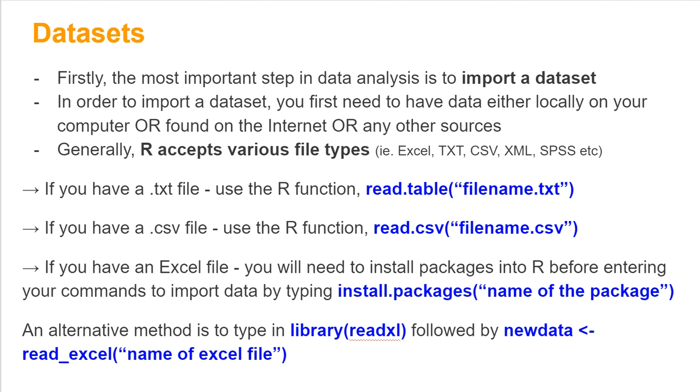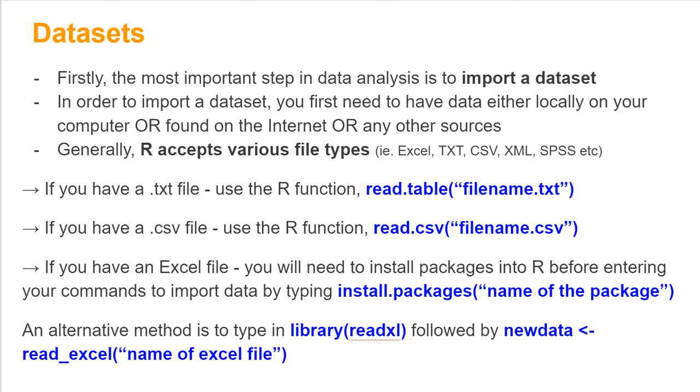If you have a TXT file, you can use the R function read.table and place the name of your file in quotations and parentheses. If you have a CSV file, you can call the R function read.csv and place the file name in quotations and parentheses.